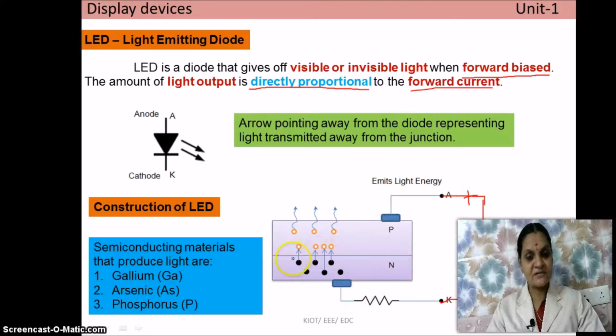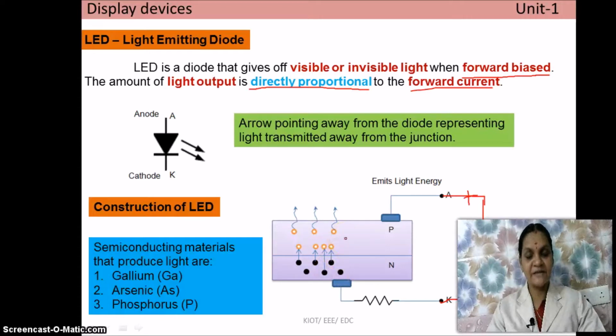As a result, the electrons present in the N layer, more electrons in the conduction band, jump into the holes present in the P layer in the valence band. As a result of this transition, there is a movement of charge carriers from P region to N region.